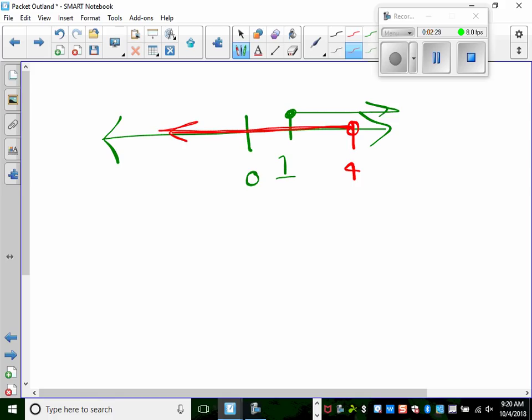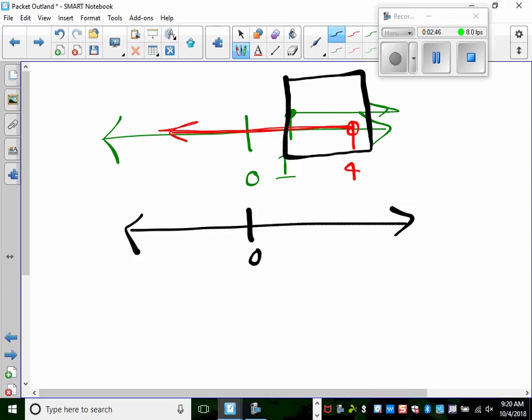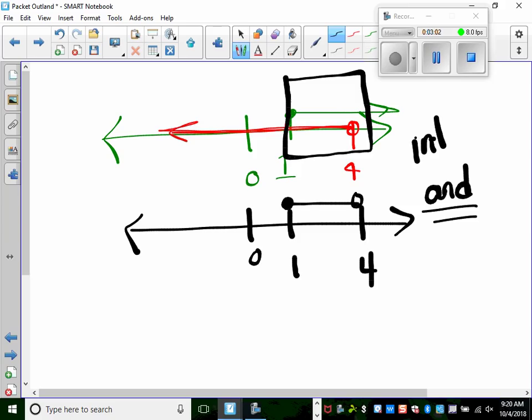For an "and" statement, you want to know where the two graphs overlap. They overlap right in this area, between 1 and 4. So for an "and" problem, you would only graph, you would put a closed dot here, an open circle here, and only graph the part where they overlap. That's why we call this the intersection.